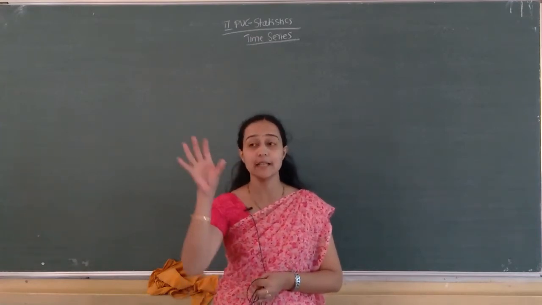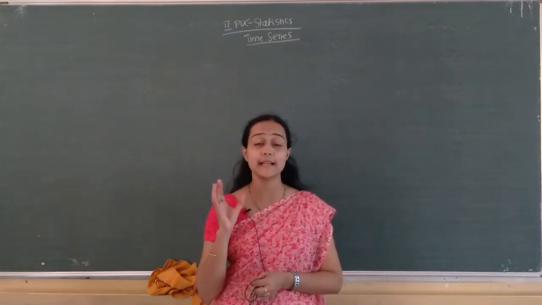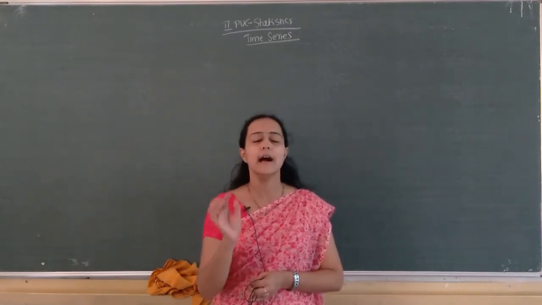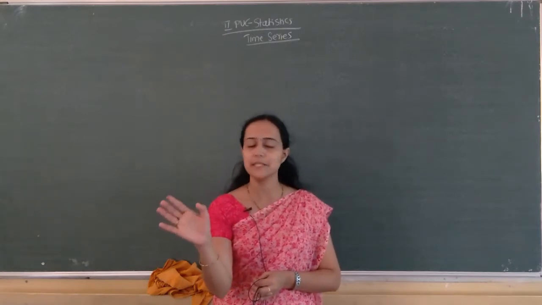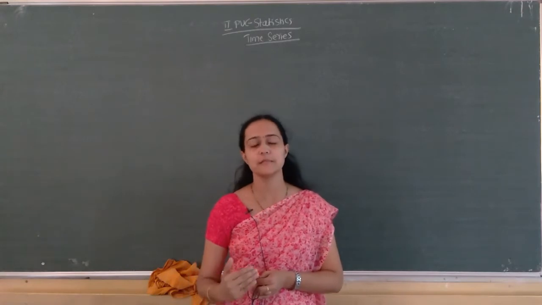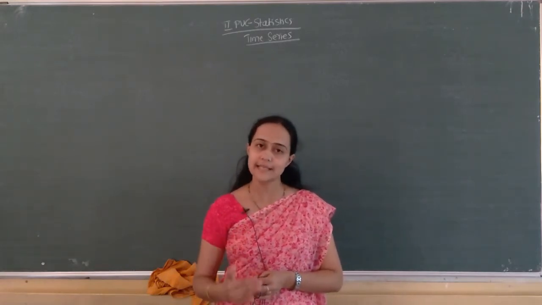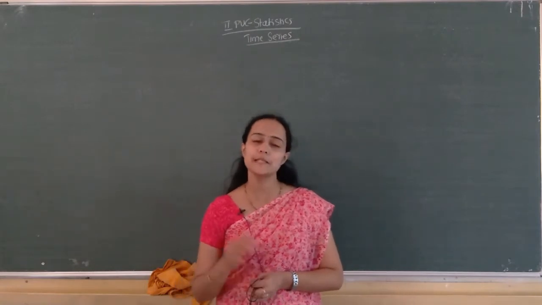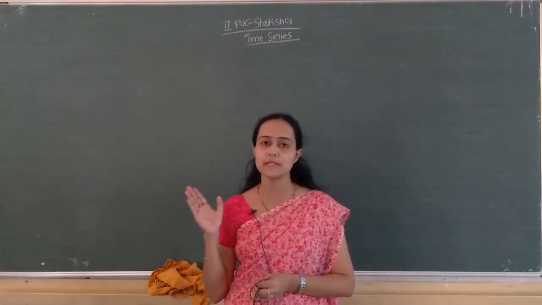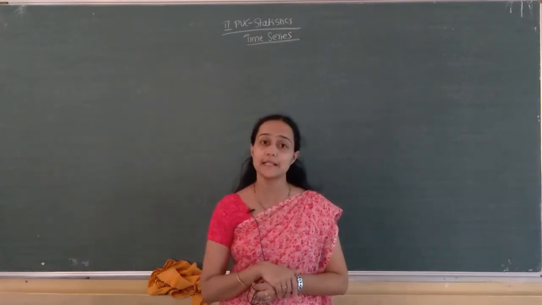For 3 year sales, or whatever the variable may be, we take the sum and write it in the middlemost. Similarly, leaving the first observation, we take the next 3 observations and write the total in the middlemost. Like that we are doing. Then the trend values are found by dividing these moving totals by 3.